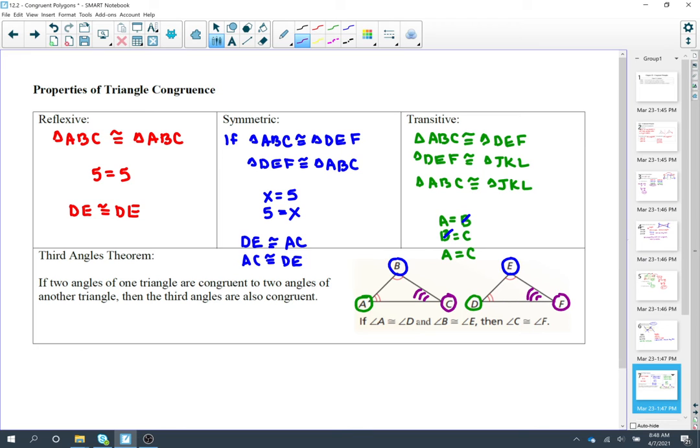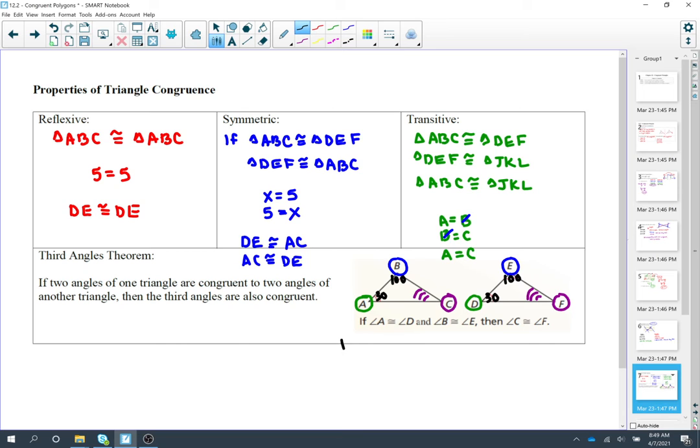Now, if that doesn't make sense, let's maybe look at that in a different light. So let's say that angle A is 30 degrees, which means angle D is 30 degrees. Then let's say maybe up here that angle B is 100 degrees. So angle E must be 100 degrees, because those are the same. Well, we know that all three angles in a triangle add to 180 degrees.